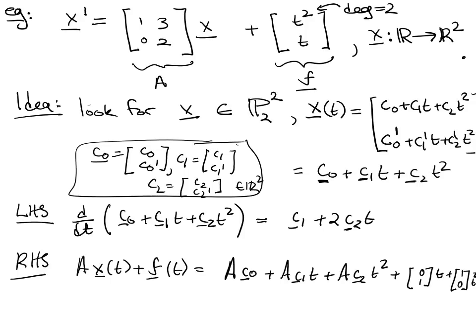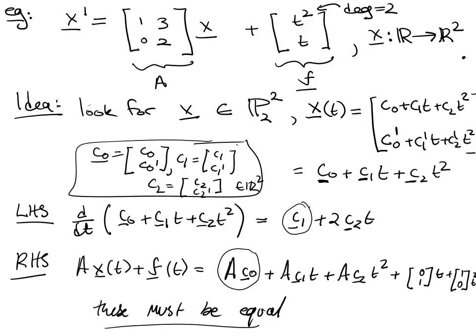Okay, but now the left-hand side must be equal to the right-hand side, so these must be equal. And what that means is that the coefficient, the constant term on both sides has to be equal. So c1 has to equal a c0. Similarly, the coefficient of t on both sides has to be equal. So this 2c2 term has to equal the coefficient of t, which is actually a sum of two things.